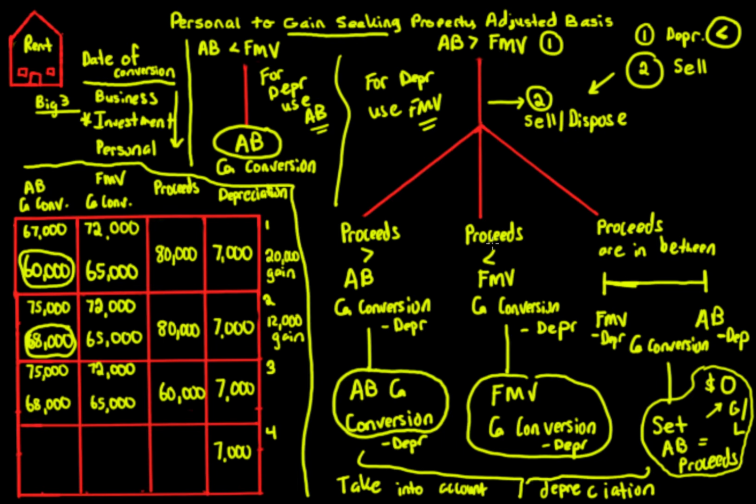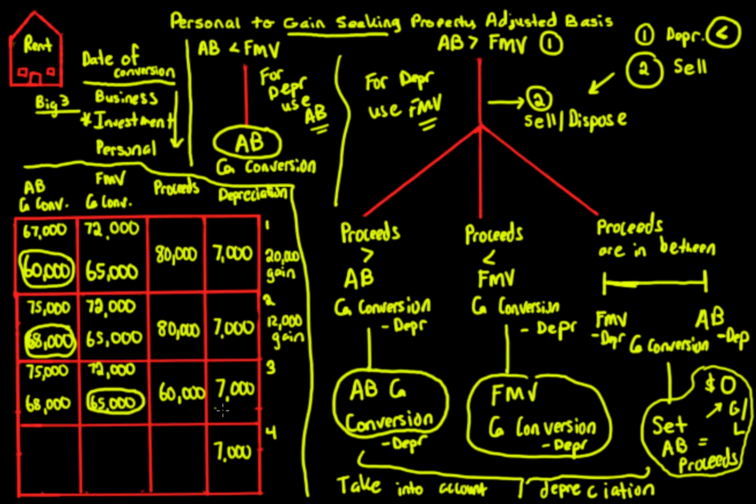So then we go into the future. Are the proceeds, 60, greater than the adjusted basis, 68? It has to be after depreciation. 68, not 75, 68. The answer is no. Are the proceeds less than the fair market value at the date of conversion? So 60, is that less than the 65 fair market value minus depreciation? Yes. So now we're going to use fair market value at conversion minus depreciation. So we use this.